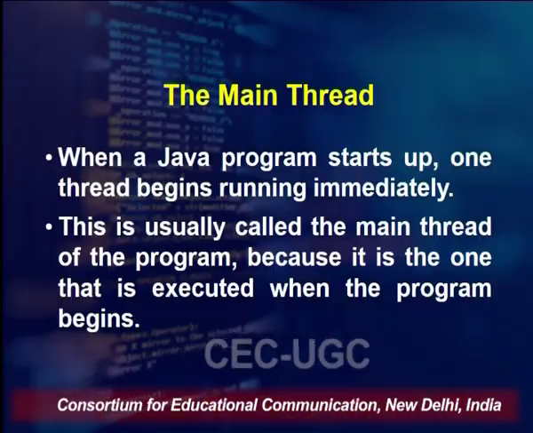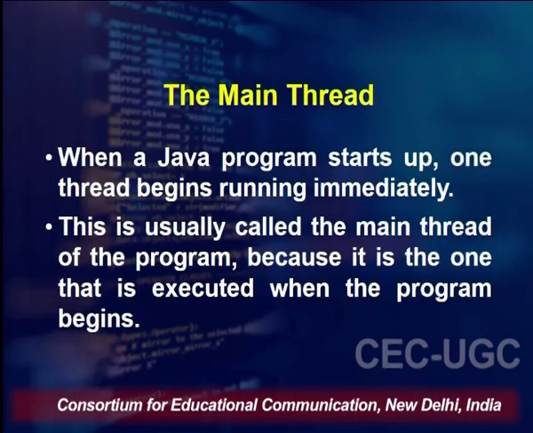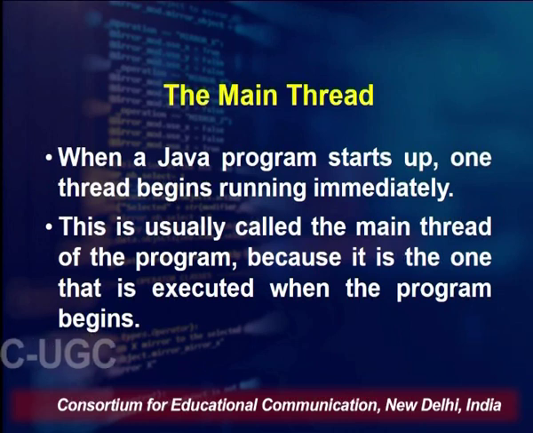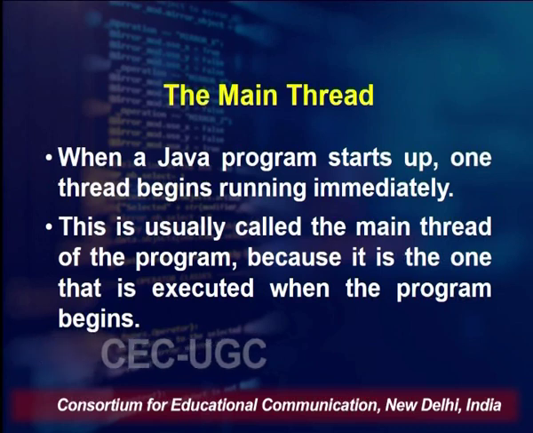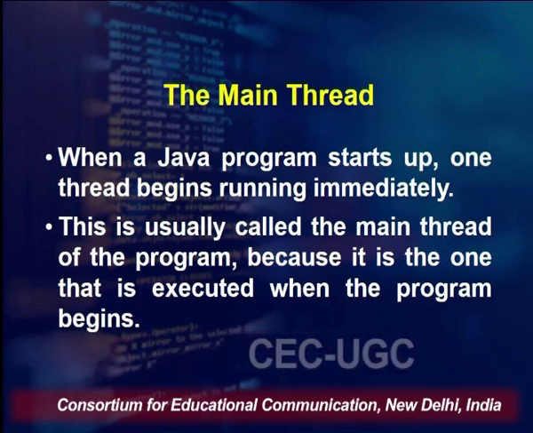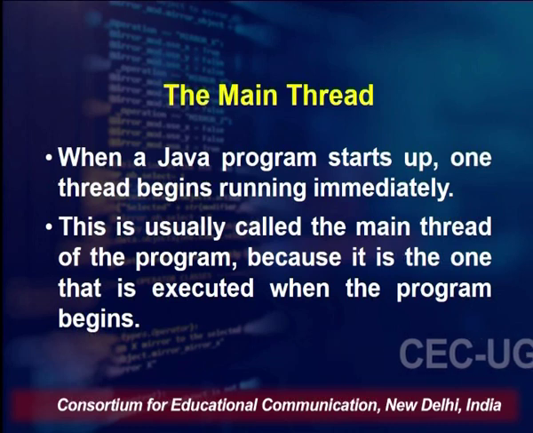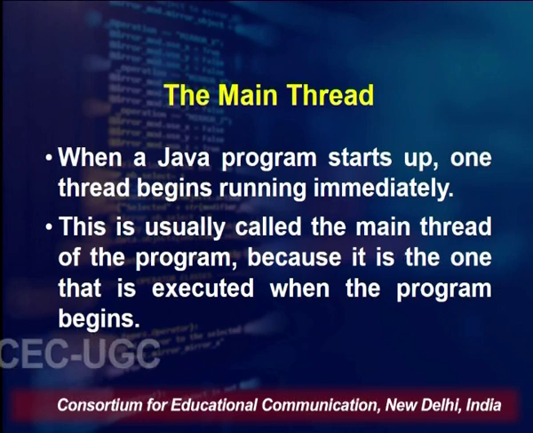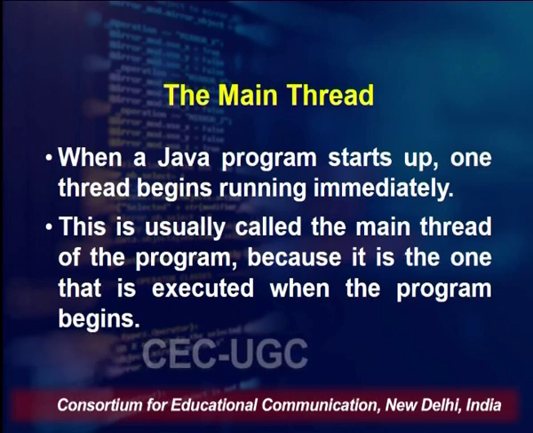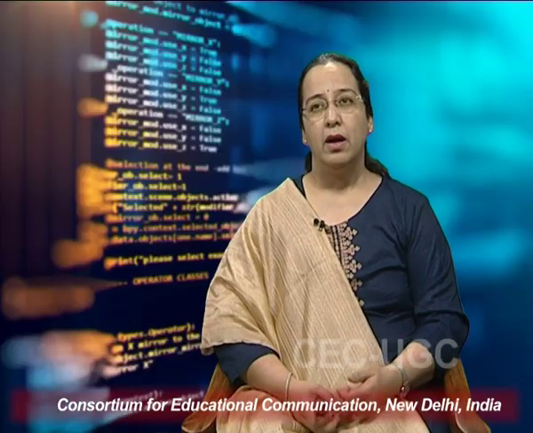When we talk about main as a thread, we can say that when a Java program starts, one thread begins running immediately and automatically, and this is usually called the main thread of the program. Why is it called the main thread? Because it is the one that is executed when the program begins.